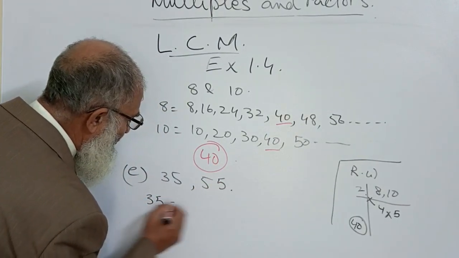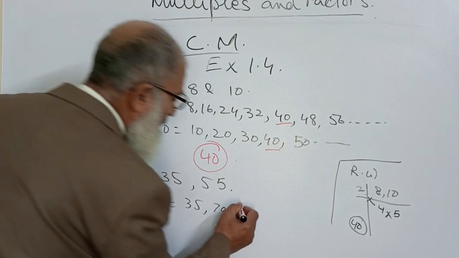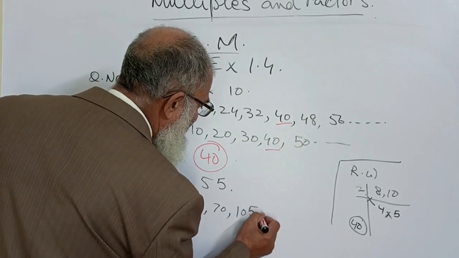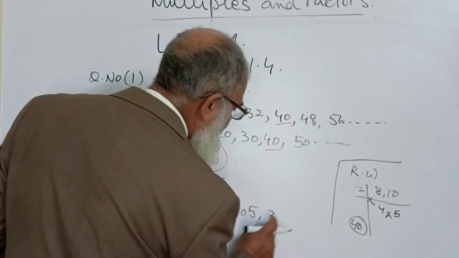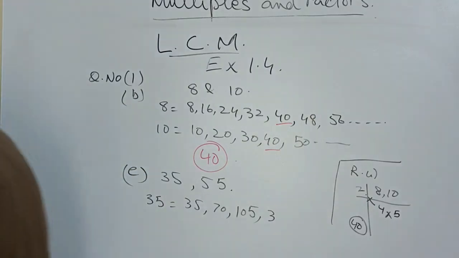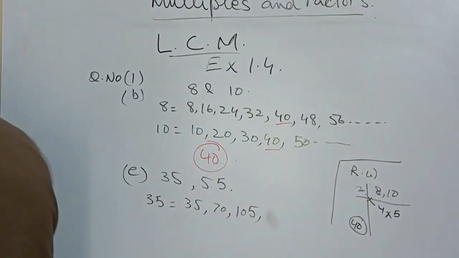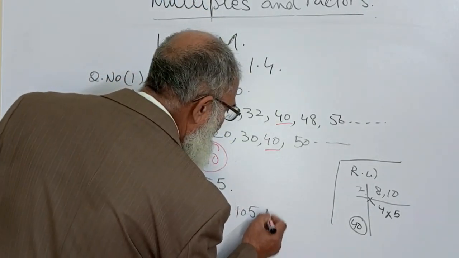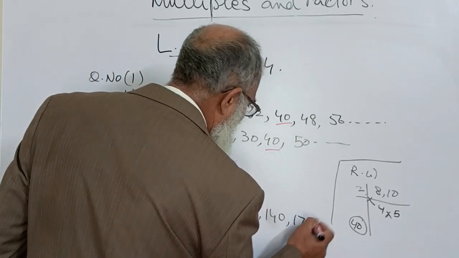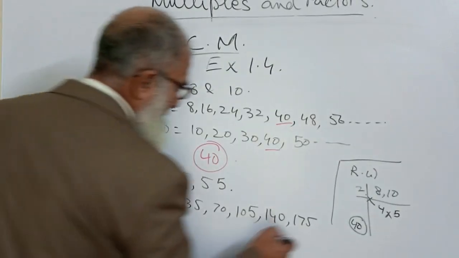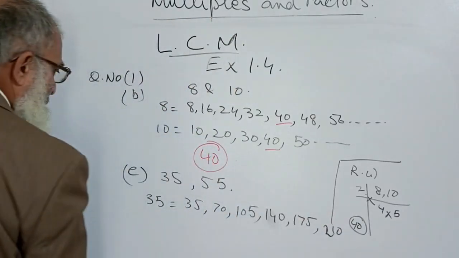The multiples of 35 are 35 itself, 70, 105, 140, 175, 210, and so forth.